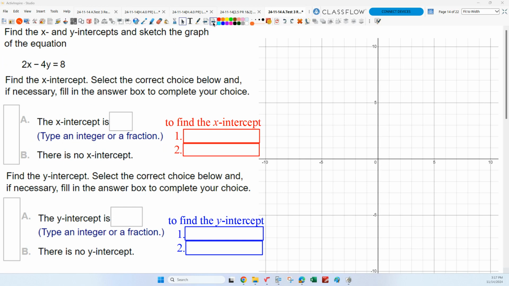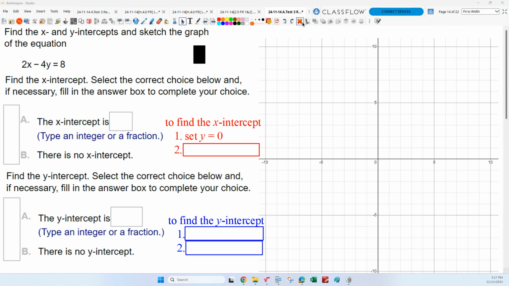Okay, I'll give you a hint. X-intercepts occur on the x-axis, right? What's the y-coordinate of every point on the x-axis? 0. There's the first. So what do you think I'm going to do then? To find x-intercepts, I set y equal to 0. To find the x-intercept, set y equal to 0, and then just solve for x.